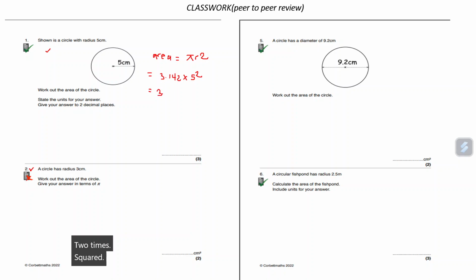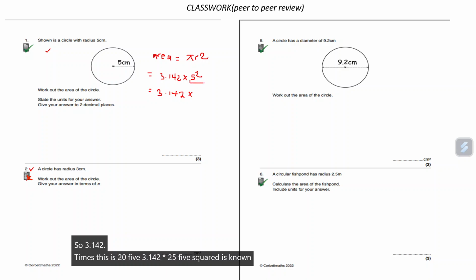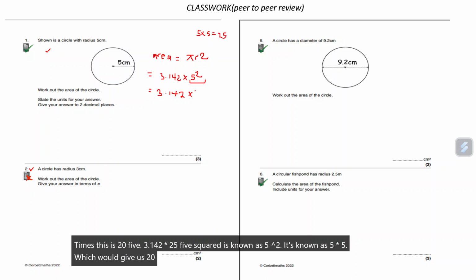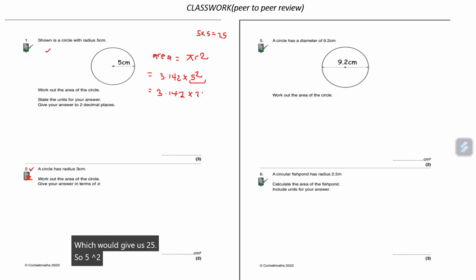So 3.142 times 25. 5 squared is known as 5 times 5, which will give us 25. So 5 squared is 25.